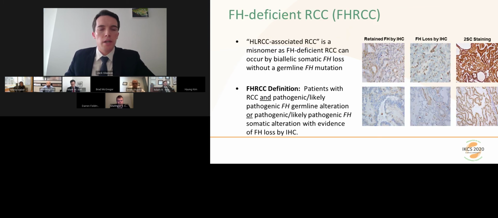And in 2016, the WHO updated the classification of kidney tumors to include HLRCC-associated kidney cancer, but really that's a misnomer, as it has been shown that FH-RCC can occur either with or without a germline FH mutation. So for the purposes of our study, we also included patients with pathogenic or likely pathogenic FH somatic alterations, provided they had evidence of FH loss by immunohistochemistry.